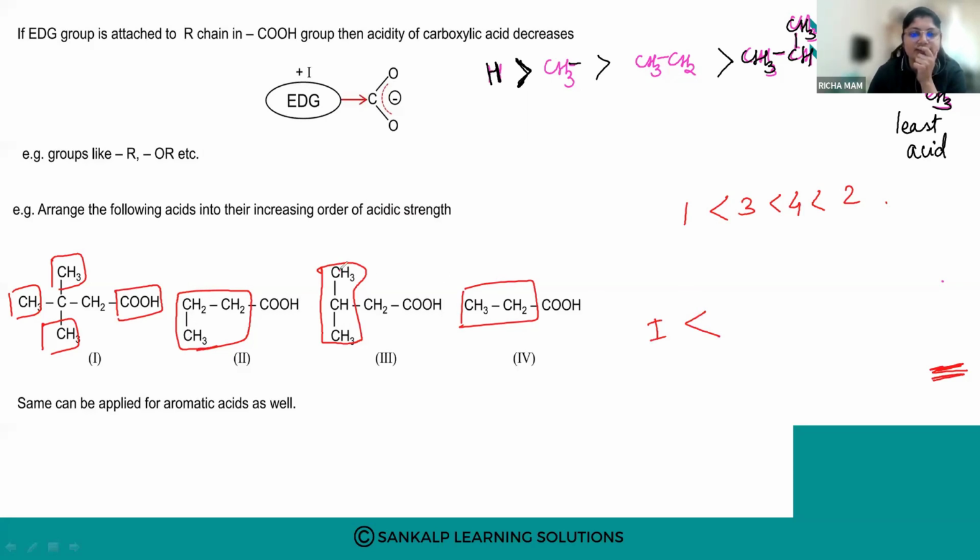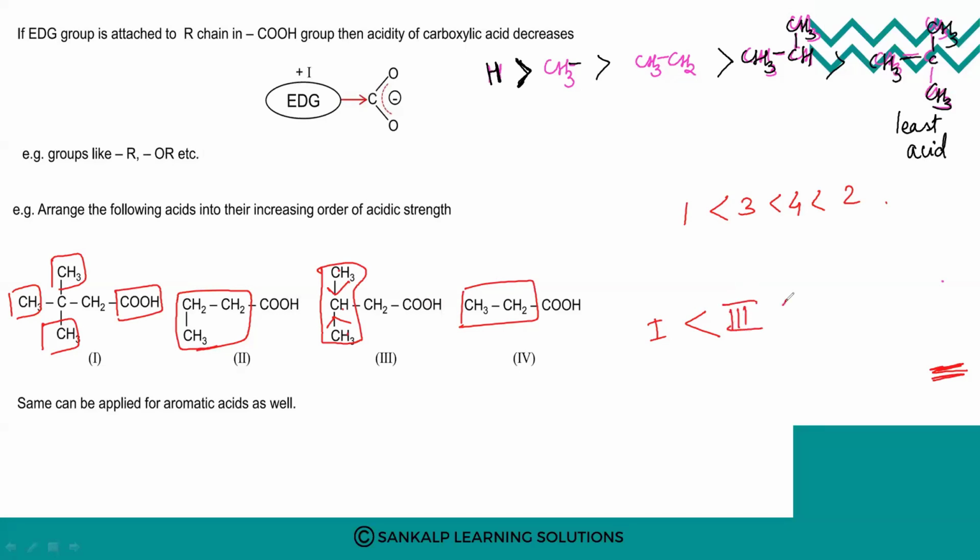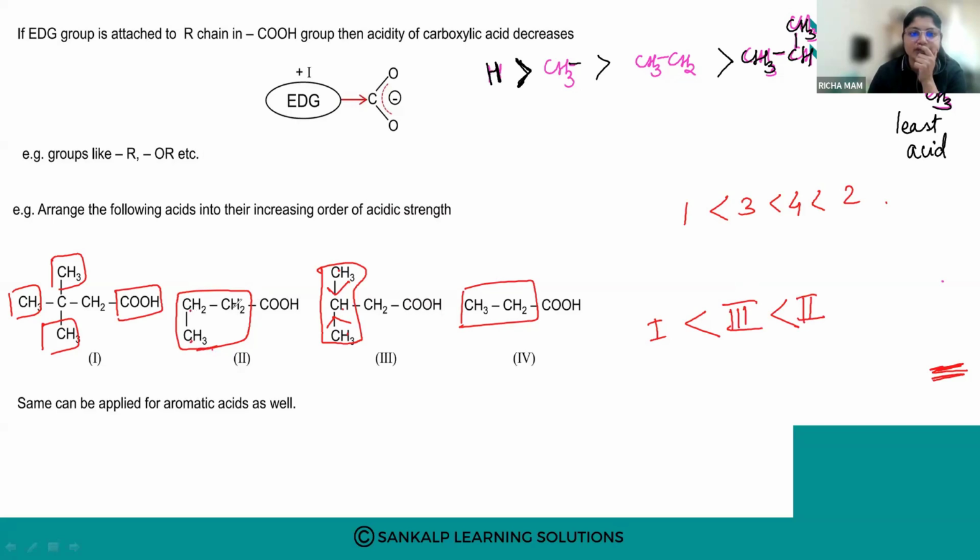Then 1, 2, 3 carbons, and this has 1 methyl group, two methyl groups are there. So it will be the third one, correct? And then will be your second one, because here 1, 2, 3 carbons are there, here only 2 carbons are there.